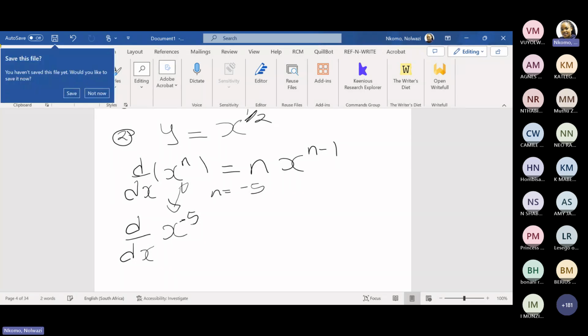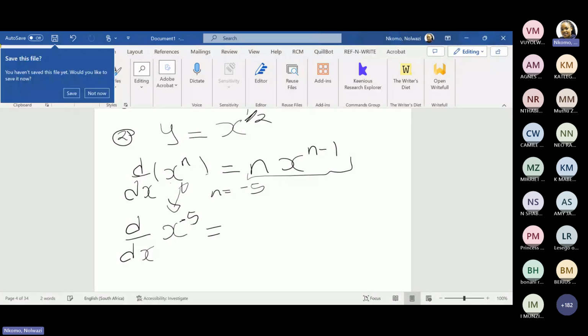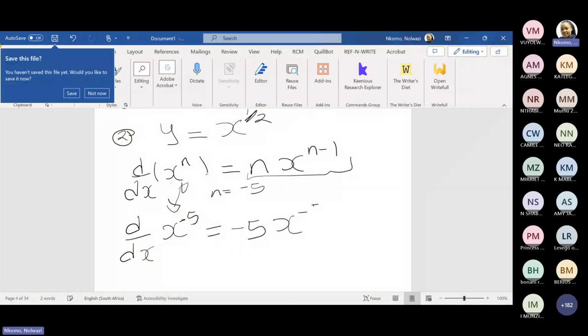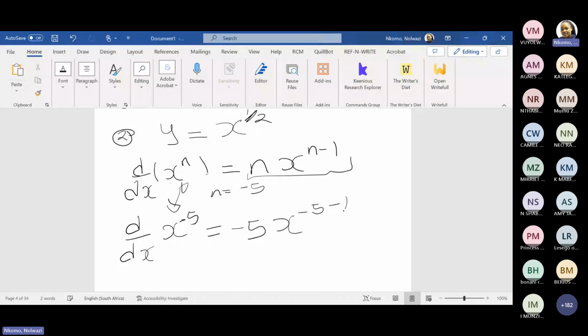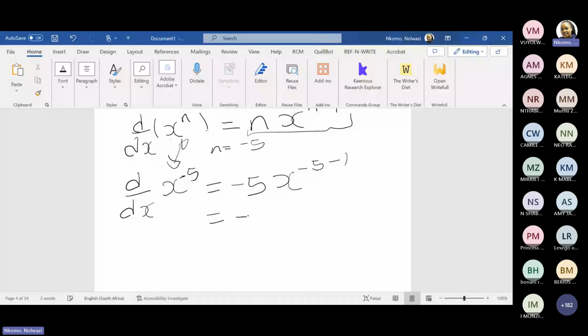So you know that the derivative is n times x to the power n minus 1. You substitute n with minus 5, so it's minus 5x to the power minus 5 minus 1. Simplify this and you have minus 5x to the power minus 6, and leave it like this.